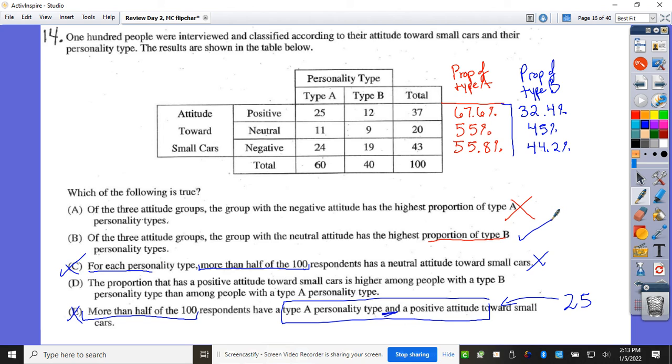And then just to double check, we're going to come down here. The proportion that has a positive attitude towards small cars is higher among people with type B than it is with type A. So how would I do that one?